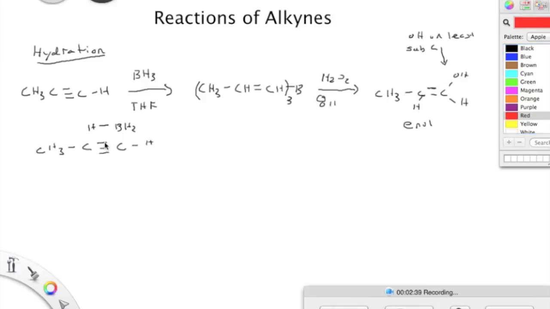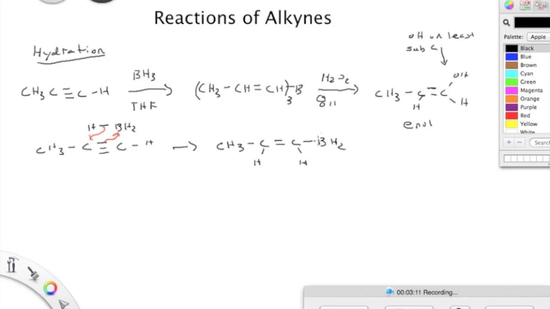And this guy is going to go here, which then pushes this one over here, and we end up with our intermediate, and remember we already had a hydrogen there.